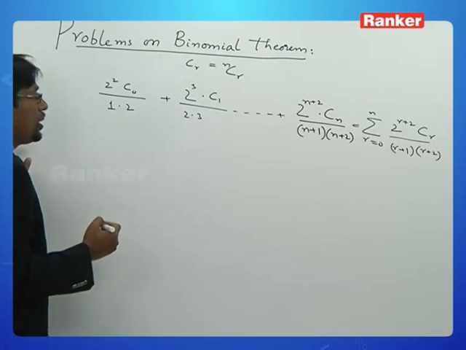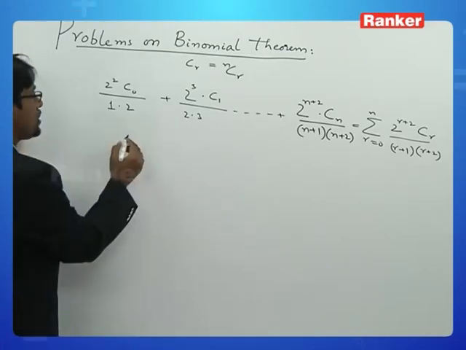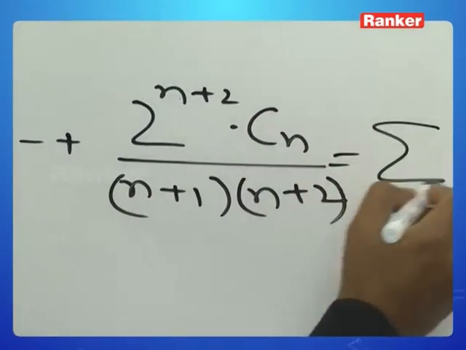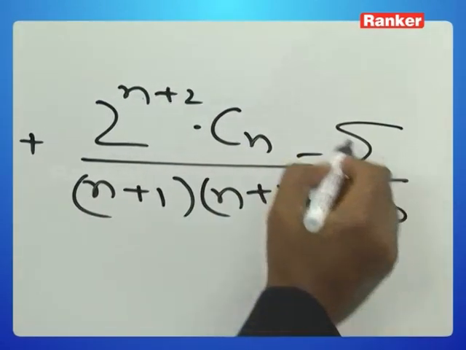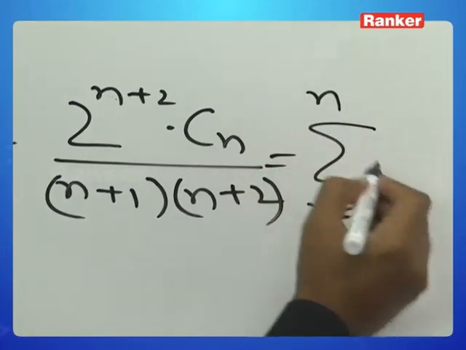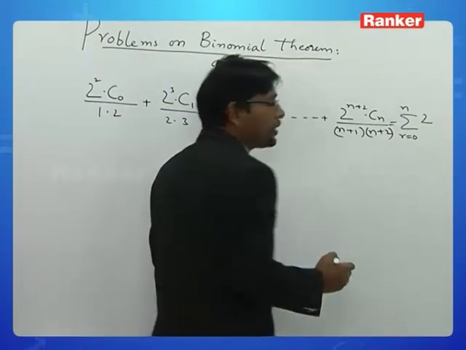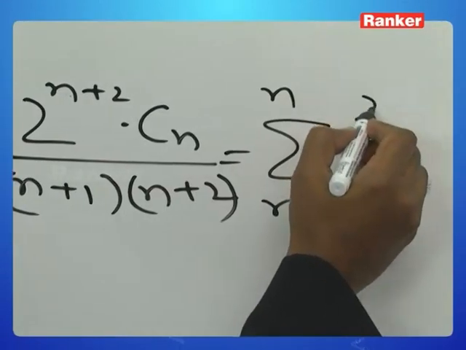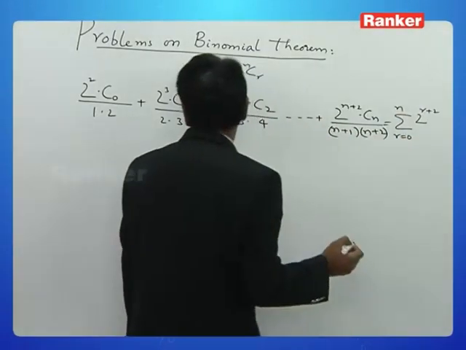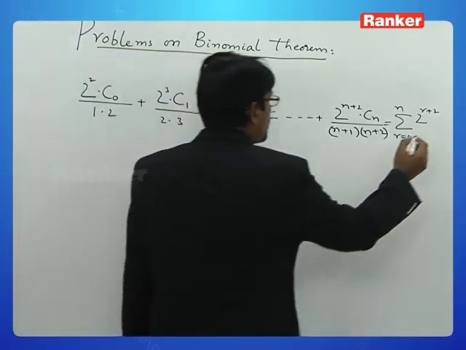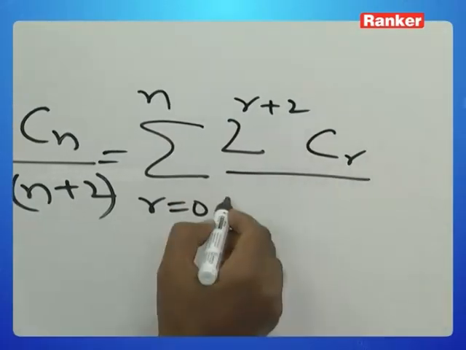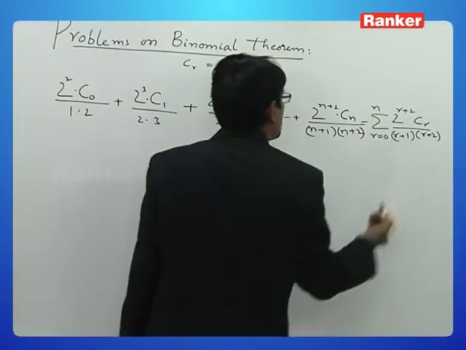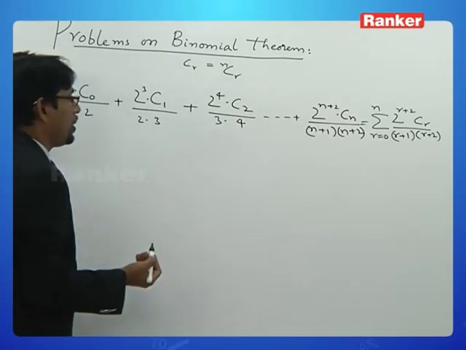Putting that in the summation form, we can write this as sigma r ranging from 0 to n of 2 power r plus 2 into CR by r plus 1 into r plus 2.